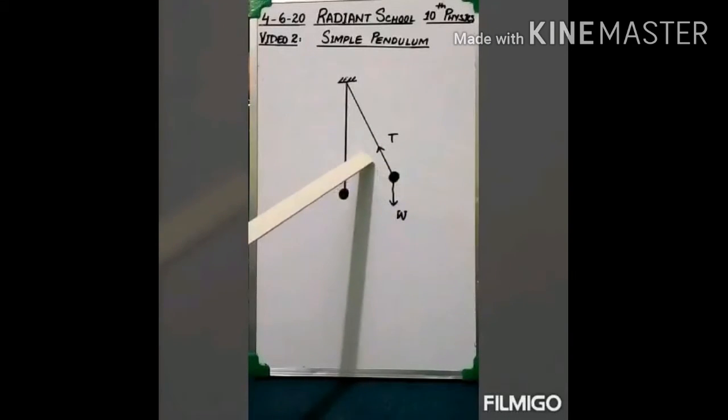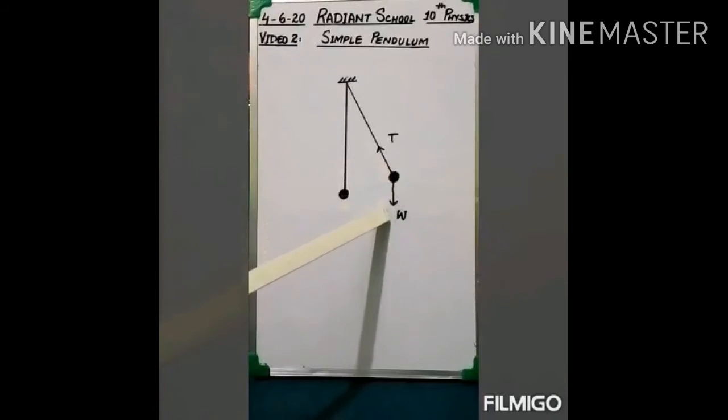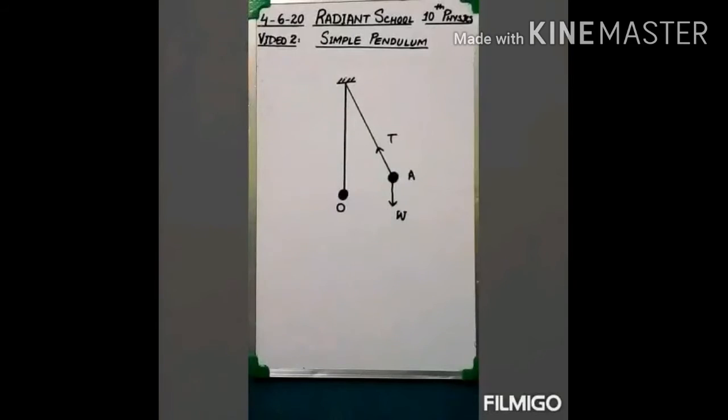The tension is now along the string, weight is still vertically downward. Now they are not along the same line, they will not cancel the effect of each other. When they will not cancel the effect of each other, it means that some net force will be available. That net force is responsible for the simple harmonic motion of simple pendulum.